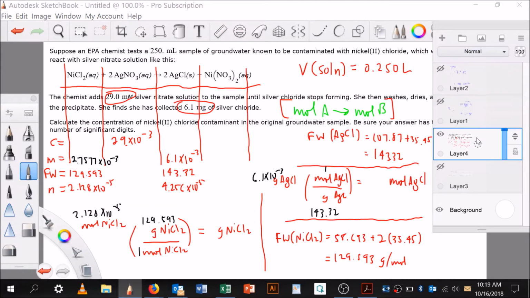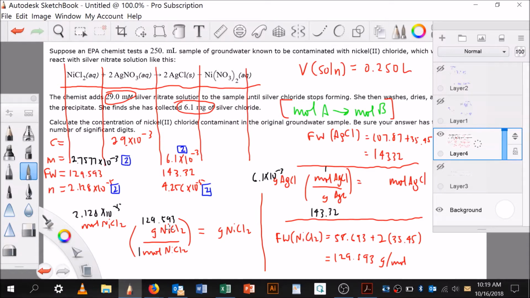So let me come back here to this layer. Let's go to blue. This was 2 sig figs. This we looked up in a periodic table, and this was the product of those two, or the dividend of those two. So this is going to be 2 sig figs, right? This goes over here because we're dividing by 2, so that's going to be 2 sig figs. And because that we looked up in a periodic table.